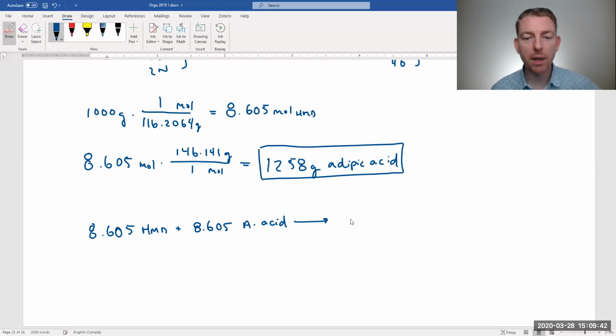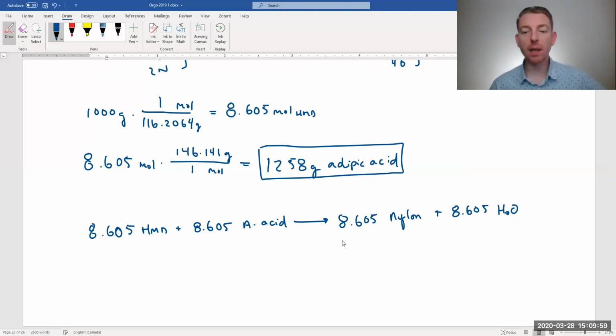These are going to combine to 8.605 moles of the nylon plus, and again, don't forget, 8.605 moles of water. So you know how many moles you're going to get of the nylon.